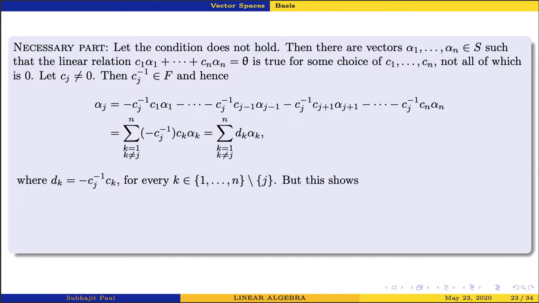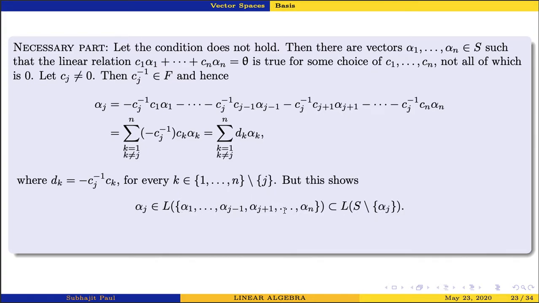But this relation shows that alpha j is a linear combination of alpha 1, alpha 2 up to alpha n, except alpha j. So alpha j is in the linear span of all these vectors, and this is actually a subset of the linear span of S minus alpha j. Right?